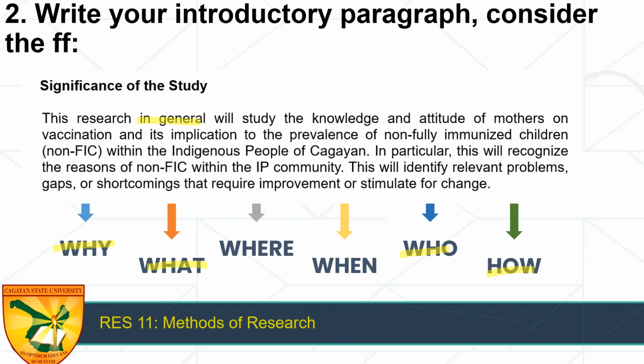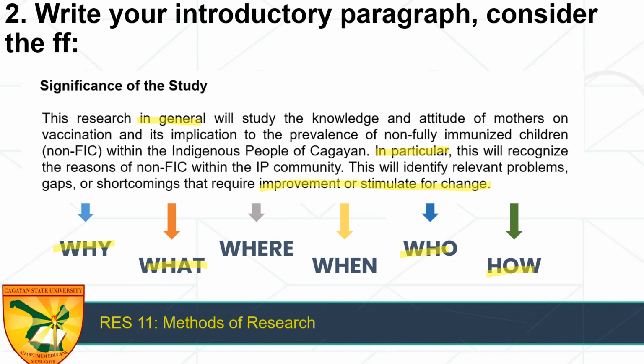So this is specific already. In particular, this will recognize the reasons of non-fully immunized children within the indigenous people community, and this will identify relevant problems, gaps, or shortcomings that require improvement or stimulate for change.